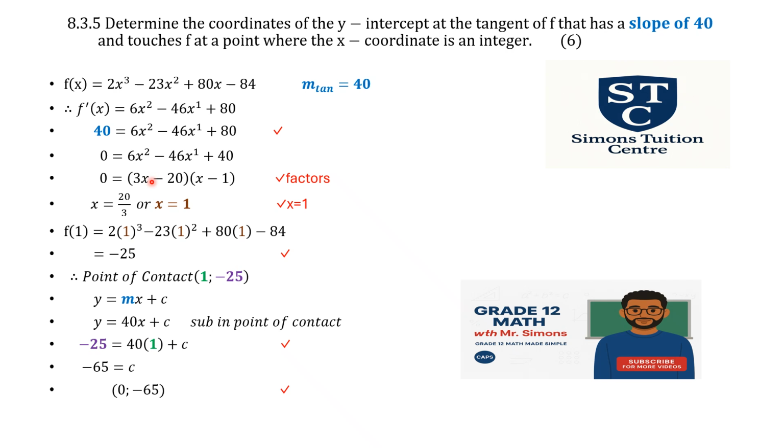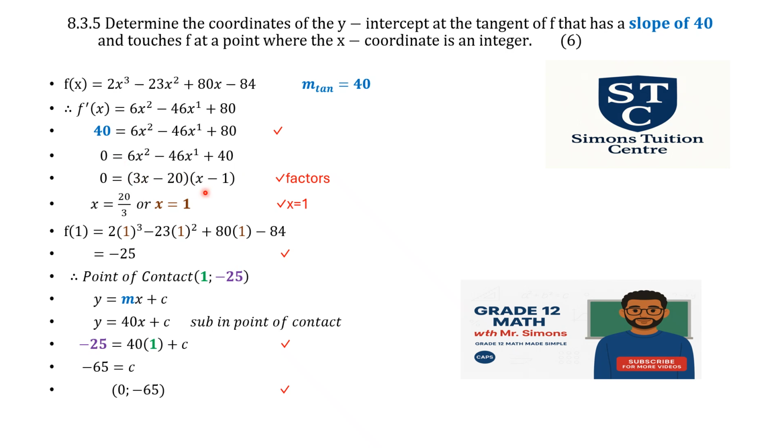So 6x squared becomes 3x and 2x, and that would become, let's see, minus 20 minus 3. So there, I factorized without taking out the common factor. All I've done is 6x squared divided by 2 is 3x squared, minus 46 divided by 2 gives me minus 23, and 40 divided by 2 gives me 20.